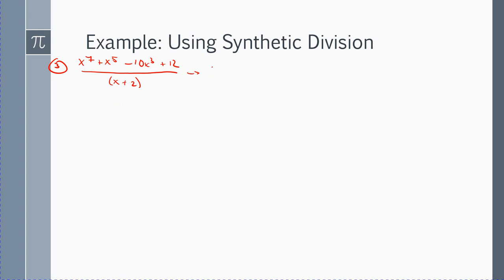So you can rewrite this as x to the 7th plus 0x to the 6th plus x to the 5th plus 0x to the 4th minus 10x cubed plus 0x squared plus 0x plus 12. Oh, wow, a lot going on here. Divided by x plus 2.